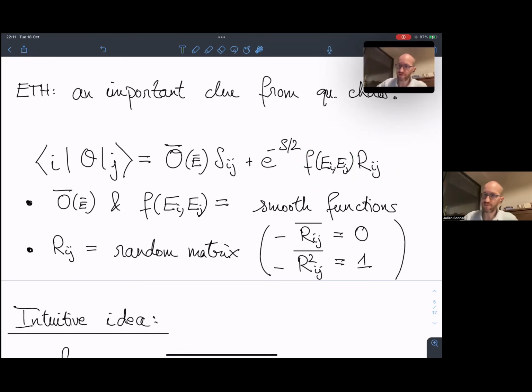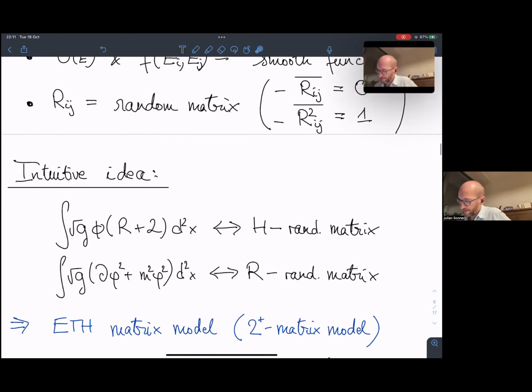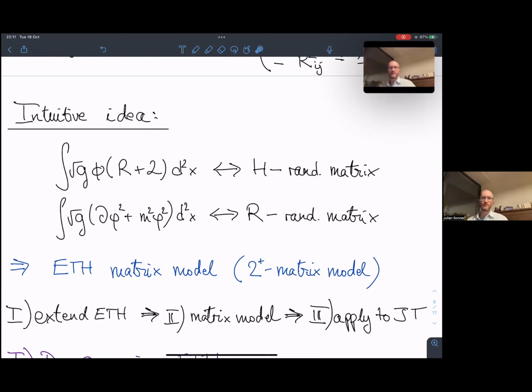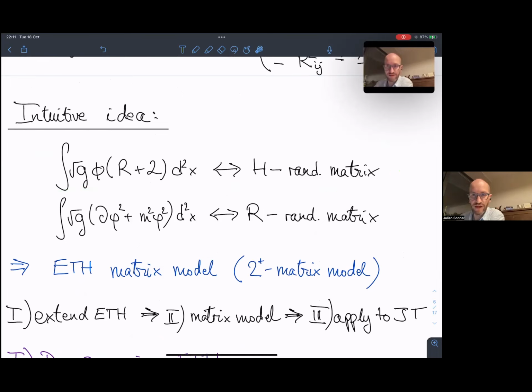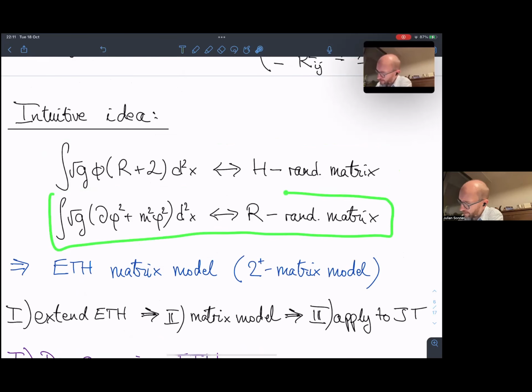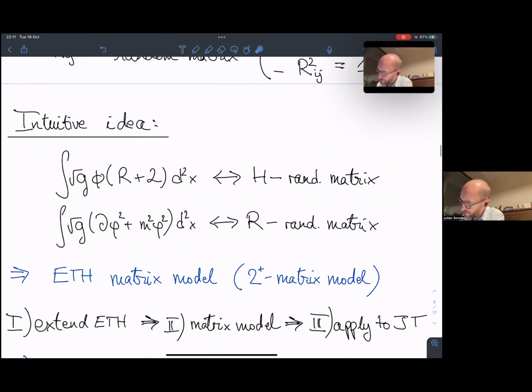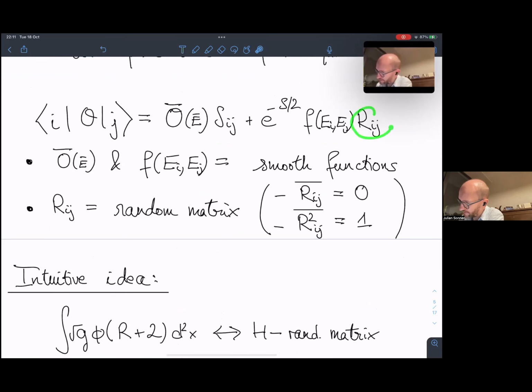And now comes a very simple intuitive idea, which is that we already know that we can think about the JT type part as a random matrix. This is this H type random matrix. And we want to think about this guy here, up to some smooth functions, also as a random matrix.